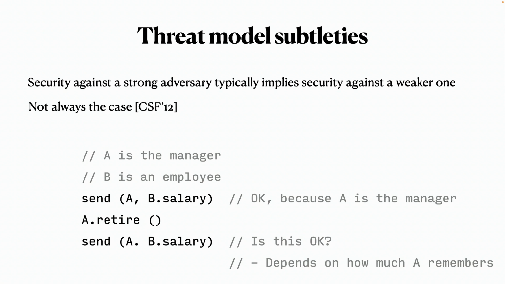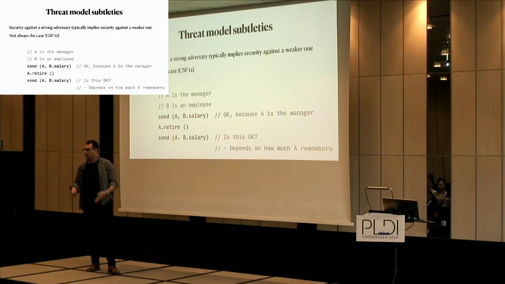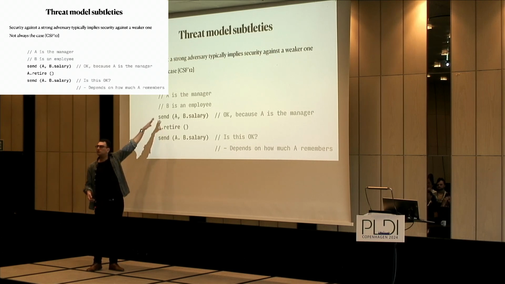There are caveats, right? There are subtleties. So pay attention. There's a three-liner here, and I have two users, A and B. A is the manager. B is the employee. So at the moment of executing the first line of code, the manager can know everything professional about their employee.